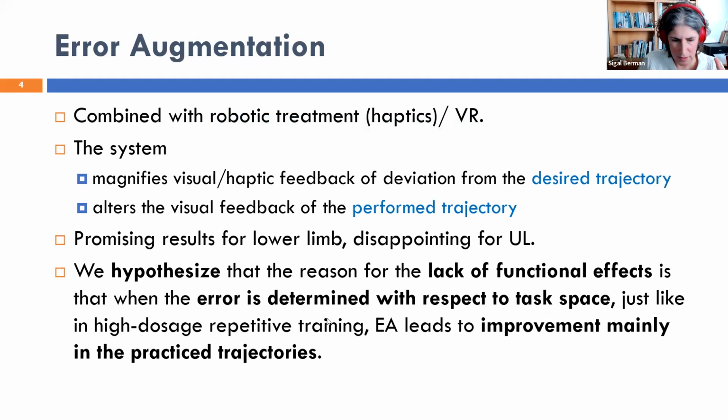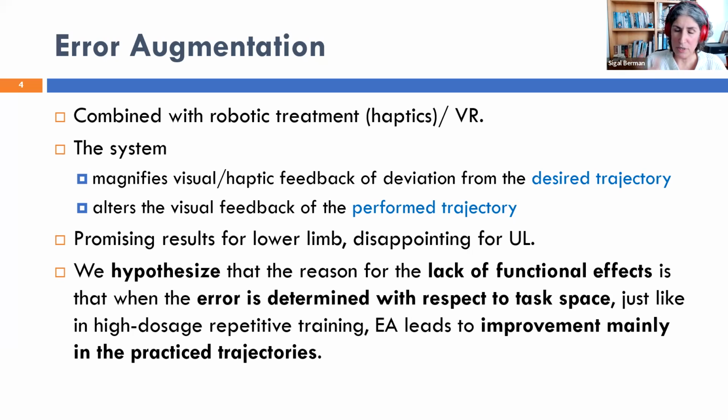I'll jump over this slide, but what we're doing is adding an error at the joint level, and there's quite a lot of work on adding error at the task level in training of subjects with stroke.